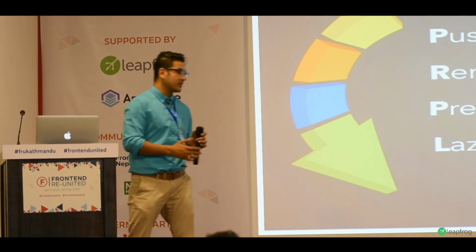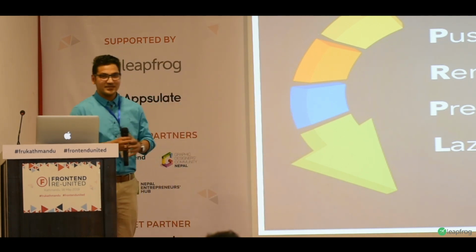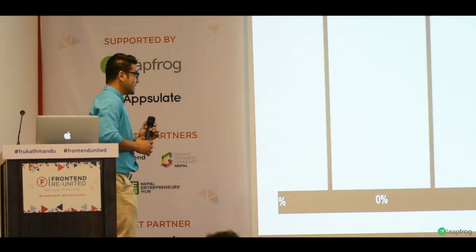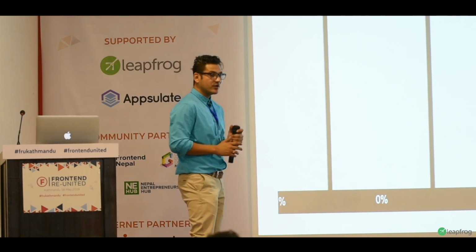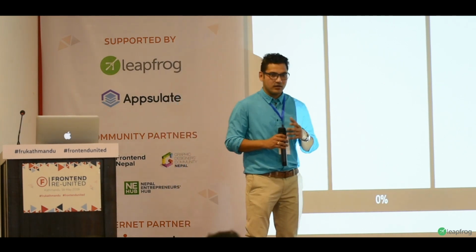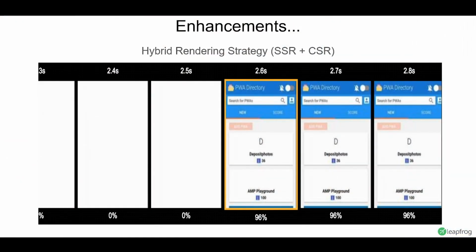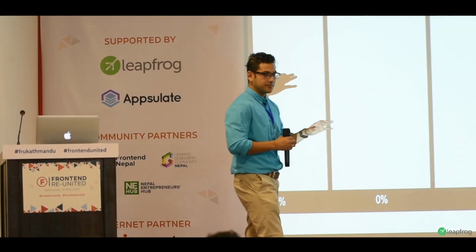So this is a very important pattern that every web developer should know, right? Another is the hybrid rendering strategy. We all know that there are two types of rendering strategies for front-end: server-side rendering as well as client-side rendering, right? What I suggest is to make your first page render with server-side rendering.